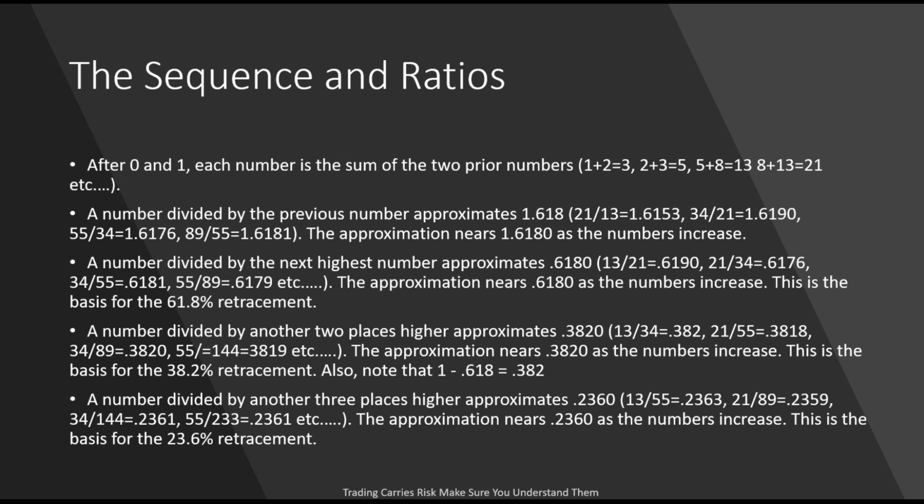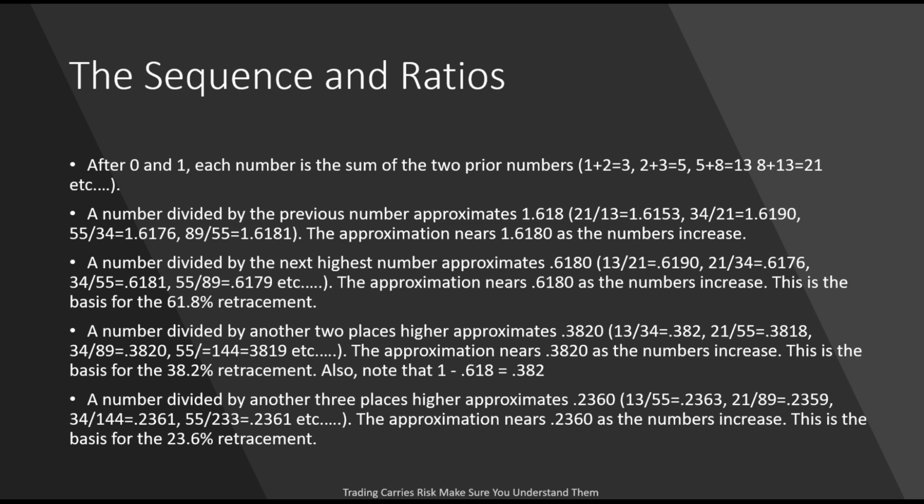Go on and on. And so the approximation is 1.618. And that's why I said it's not an exact, precise number, it is a level. So we use the level of 1.618. Now this is actually what we consider a Fibonacci extension, because it's beyond the 1.